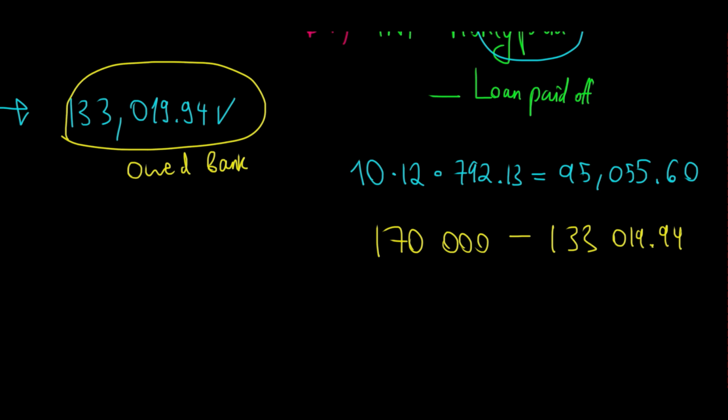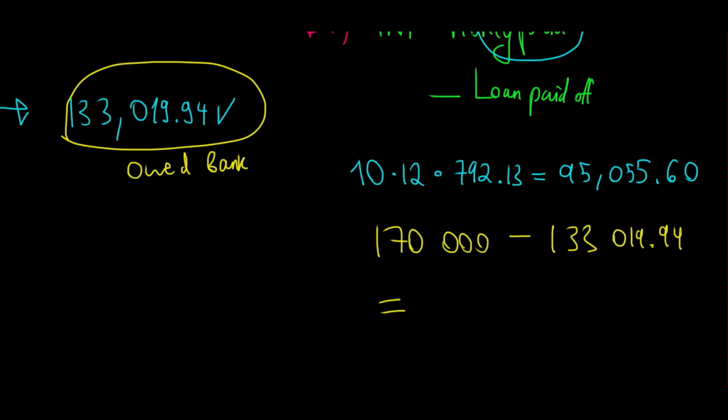If I subtract from the value of the loan, how much did I actually pay? How much of the loan did I actually pay off? The difference is between the principal value of the loan, which is 170,000, and how much I have left to pay, 133,019.94.